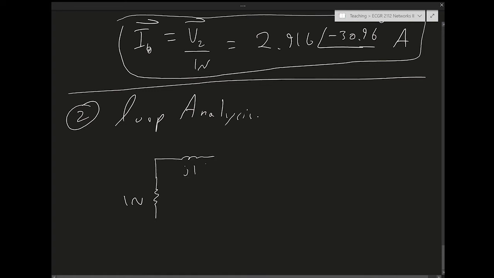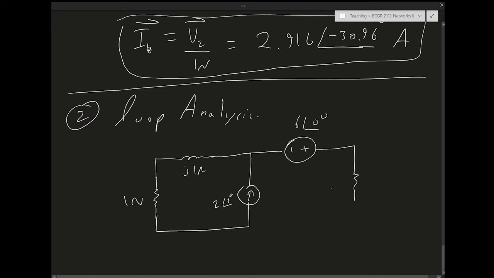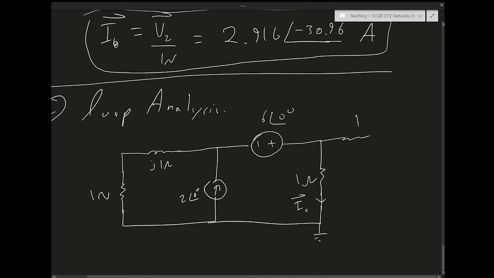Let's just draw it. 1 ohm, and then this is what we're solving for. And then I have 1 ohm and minus j 1 ohm, right?